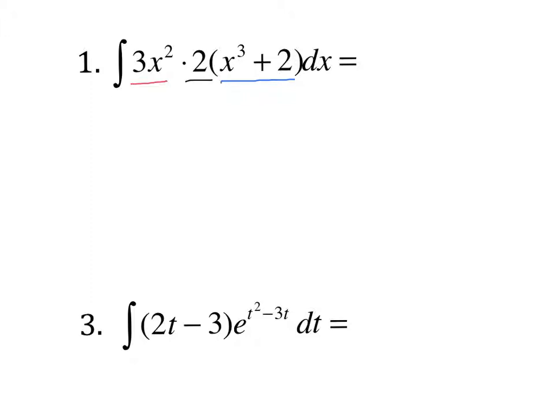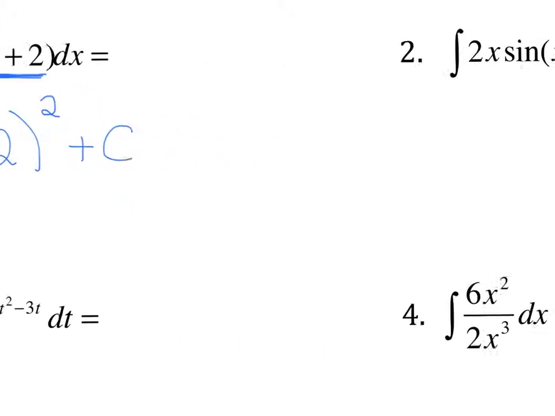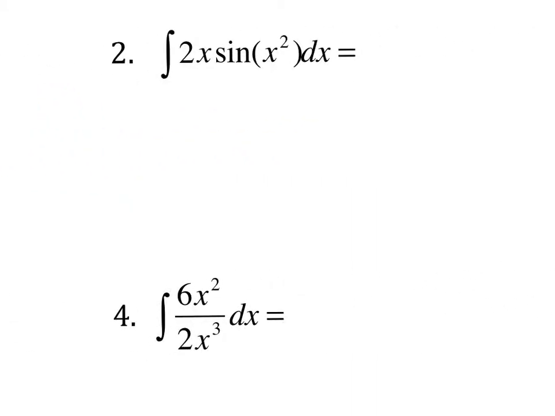But the most important thing is the idea that this is a function and that this piece came from applying chain rule, right? And so we know where we started, so we know what the antiderivative is here. The antiderivative of this is going to be x cubed plus 2 squared plus c. Always plus c, right?